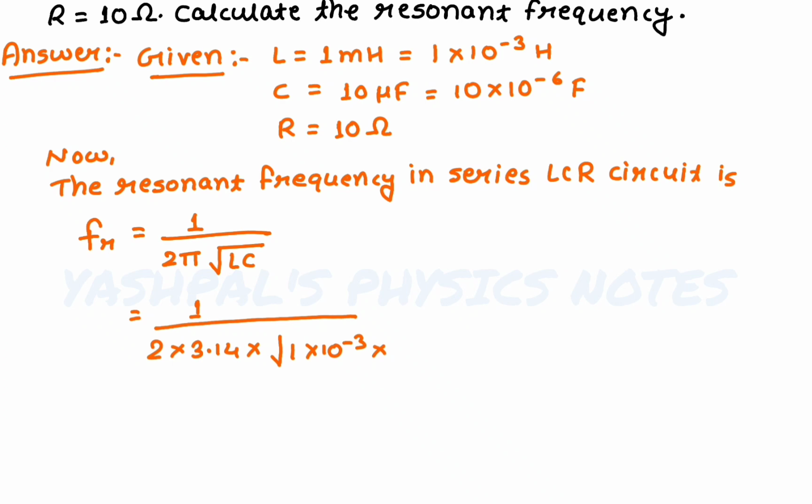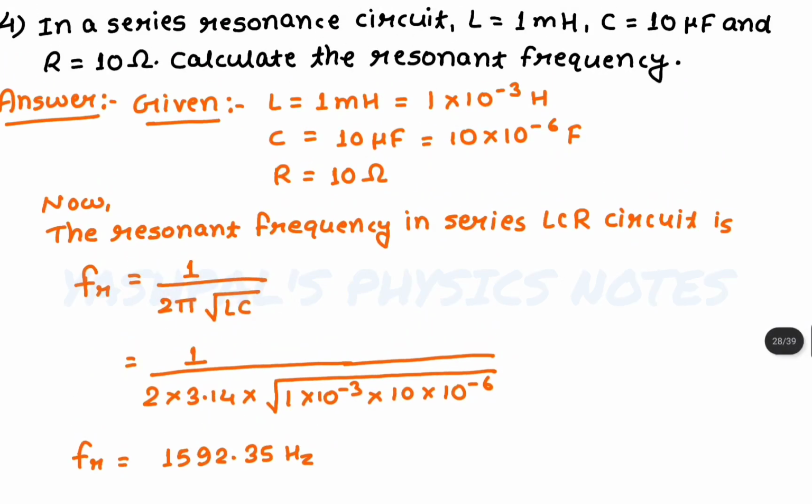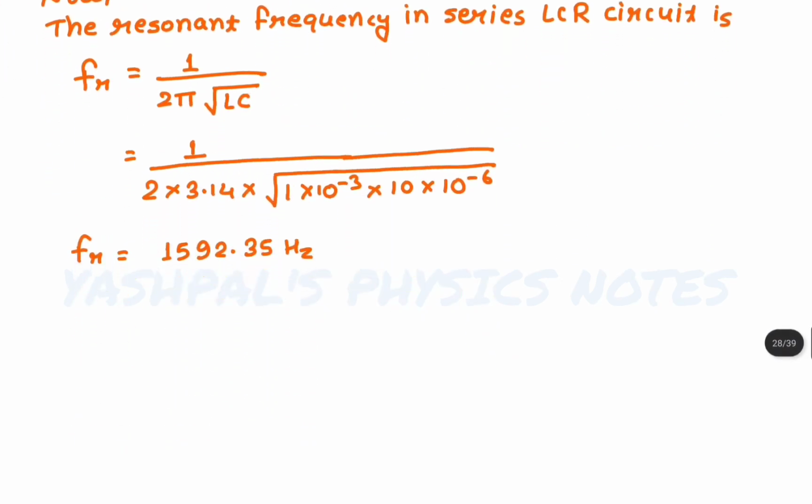Capacitance, 10 into 10 to the power minus 6 farad. The only step remaining is the calculation, which we can do using the scientific calculator. After calculations, you will get the answer 1592.35 Hertz. Remember that we were asked to find the resonant frequency and the unit of frequency is Hertz. So here I am again writing the note.